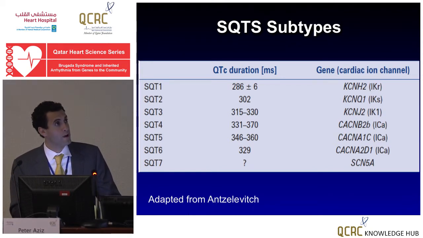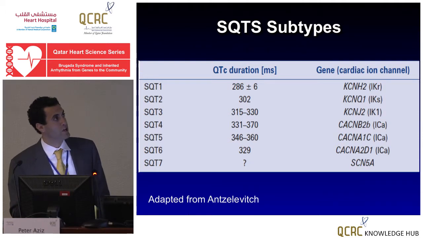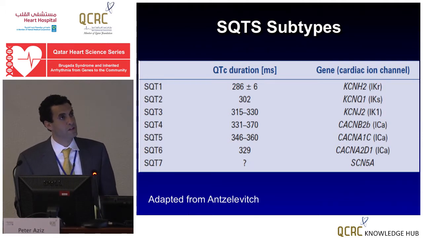Short QT syndrome 1 has the shortest QTc at 280. These patients are the most phenotypic, and again, this is the first one discovered, and the mutation is in the IKr channel. Short QT syndrome 2 is KCNQ1. Short QT syndrome 3 is KCNJ2, and so on and so forth.